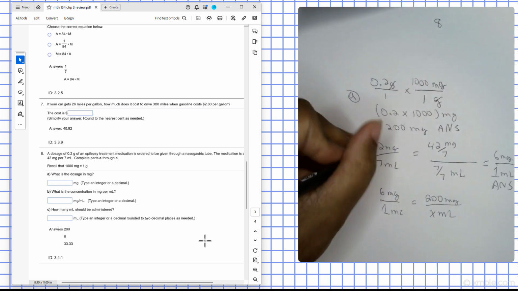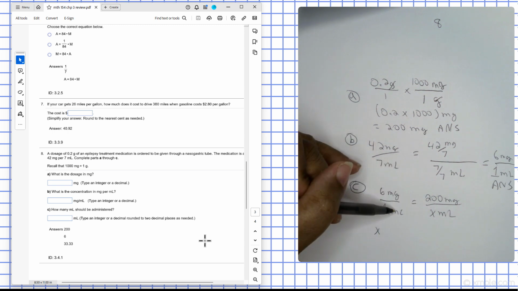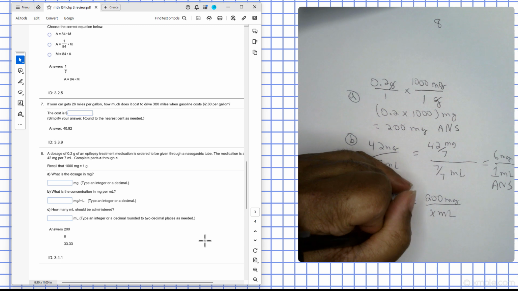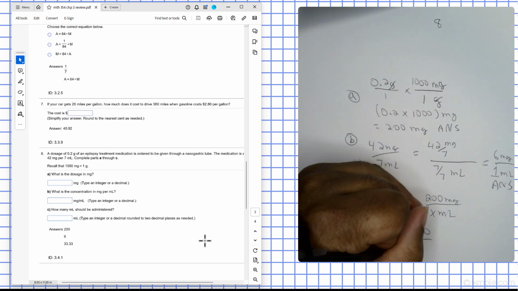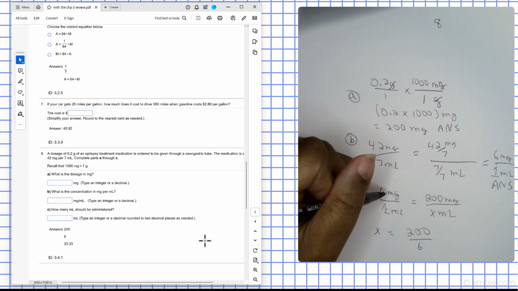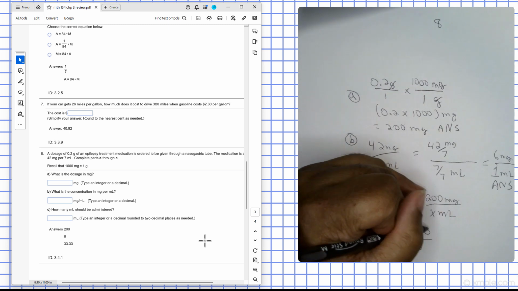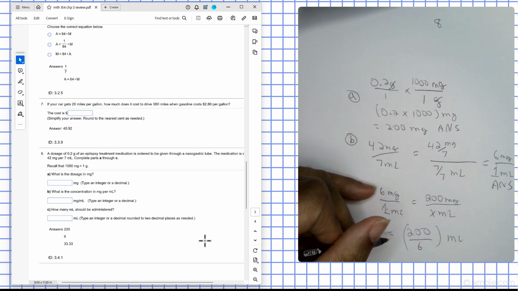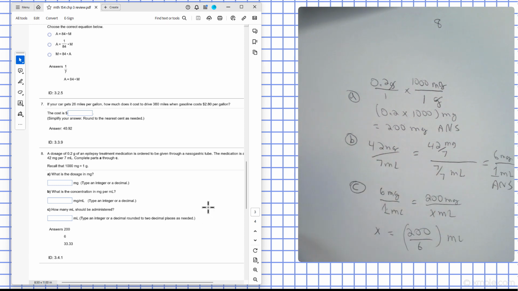So x is equal to 1 times 200 divided by 6. And the units here would be in milliliters. We can take our calculators here and divide it out.